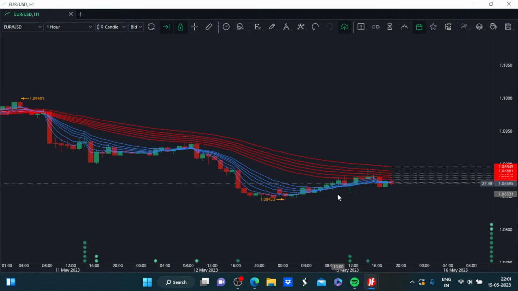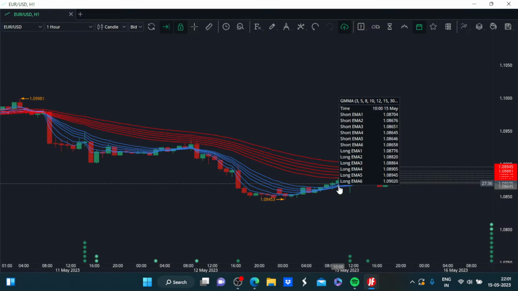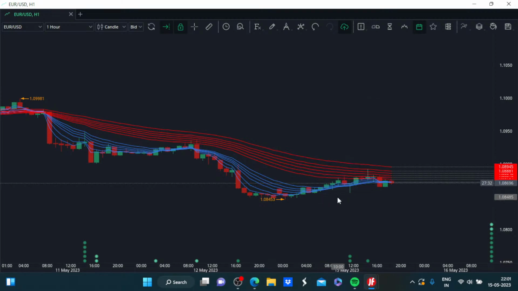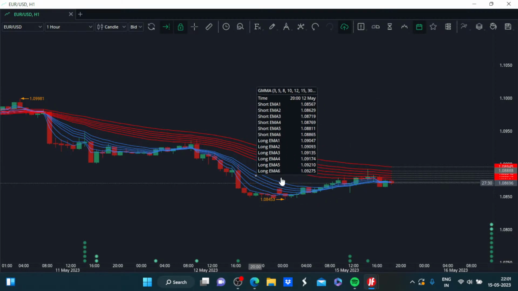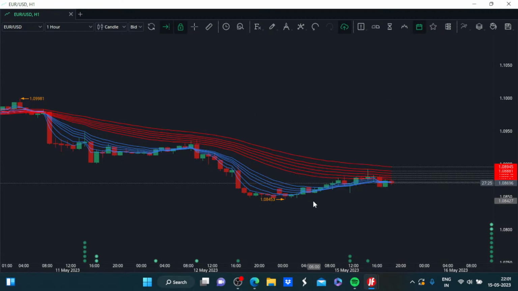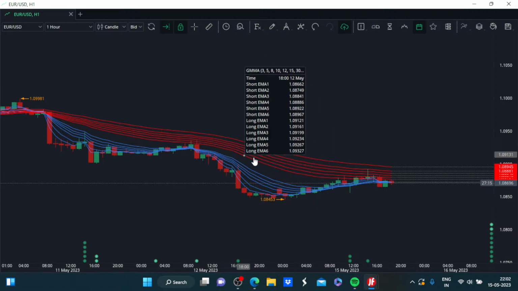Now coming back to the GMMA. Here, if you notice this formation, this basically tells us that the momentum which was strongly bearish earlier is now showing a pullback, and this might not be the time to get involved in a new trade. So even if you are not going for any long trade, any bullish trade, you can simply close your existing position.